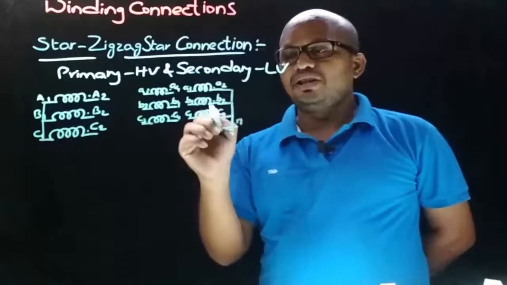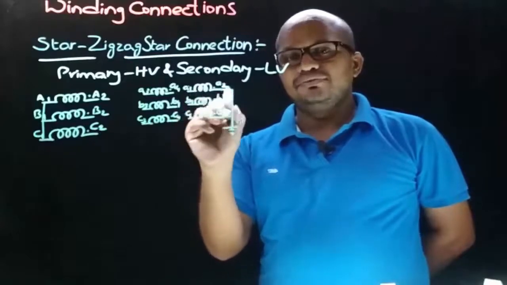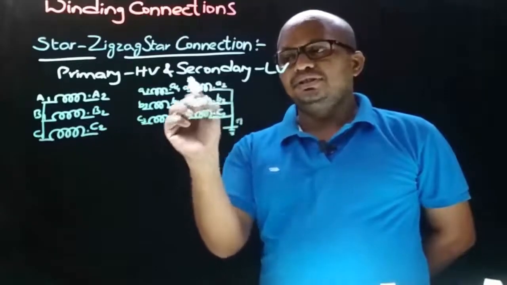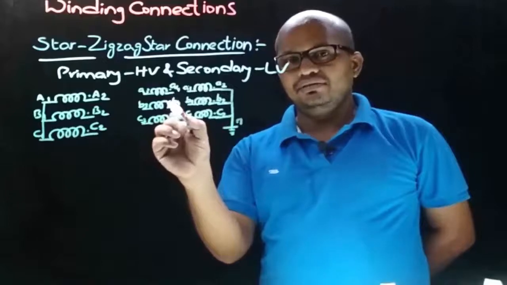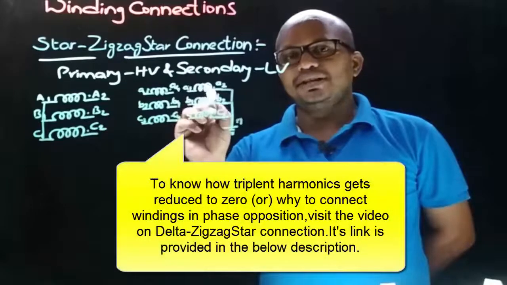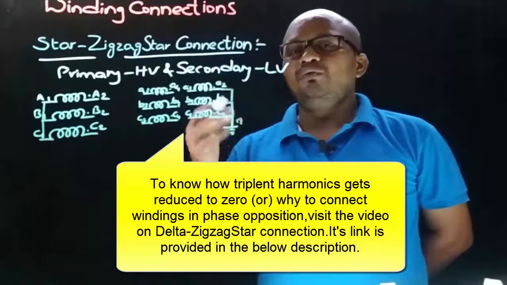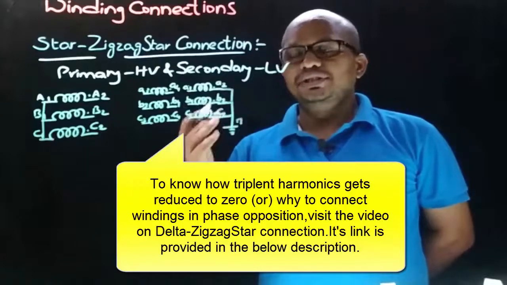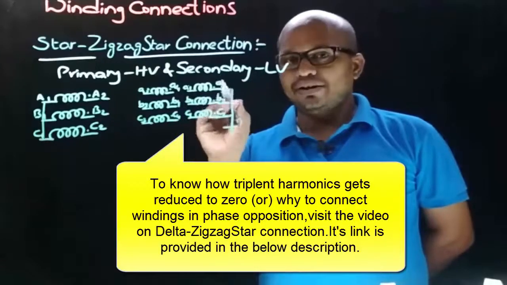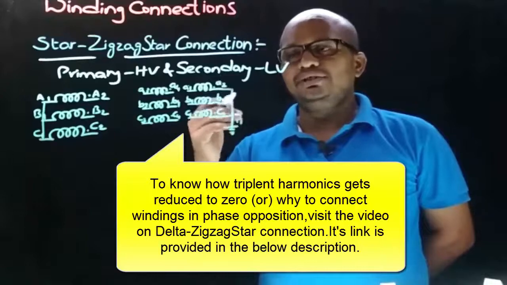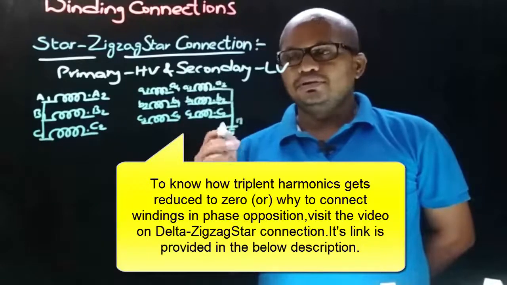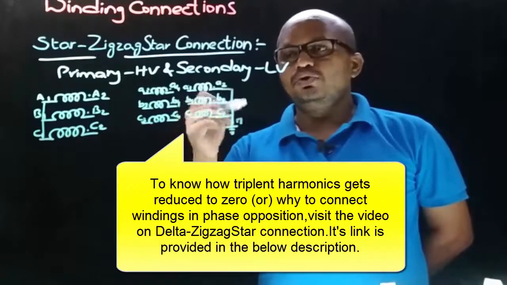So here our task is to join this phase winding with the other phase winding, such that these two must be connected in phase opposition. To have a phase opposition connection, we need to join either two dot end terminals or two non-dot end terminals. And here we are joining the two non-dot ends together.